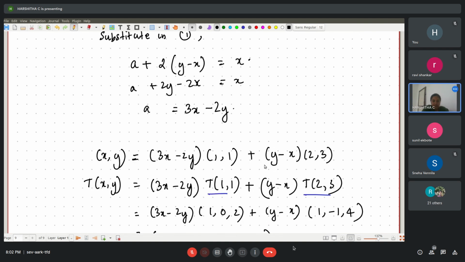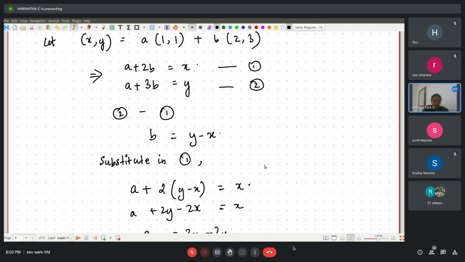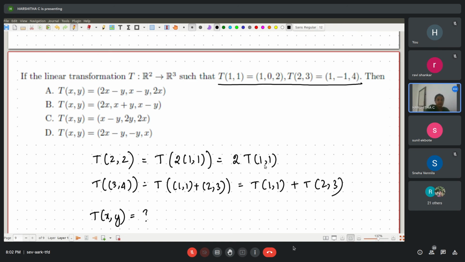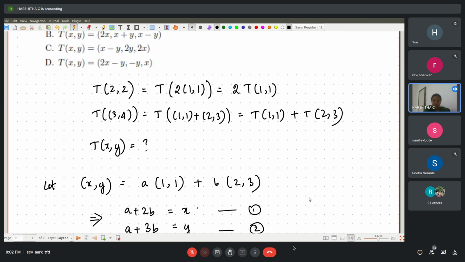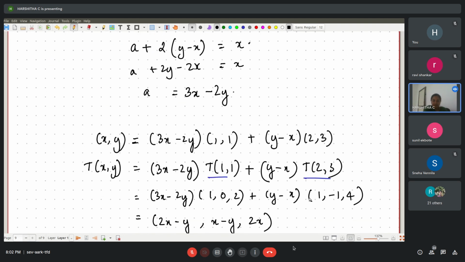So this is the linear transformation in general. We'll end with this unless there are any questions that you want to ask.